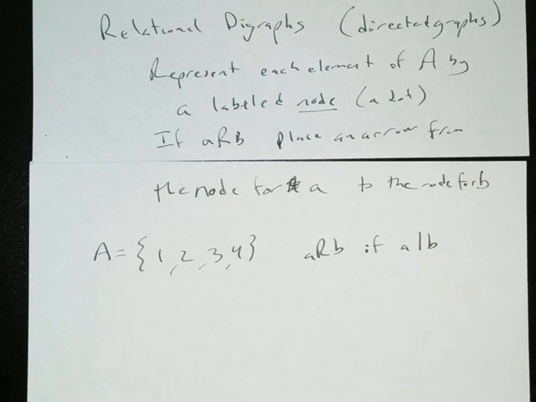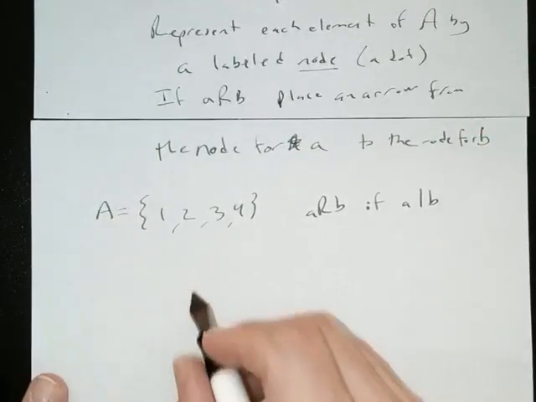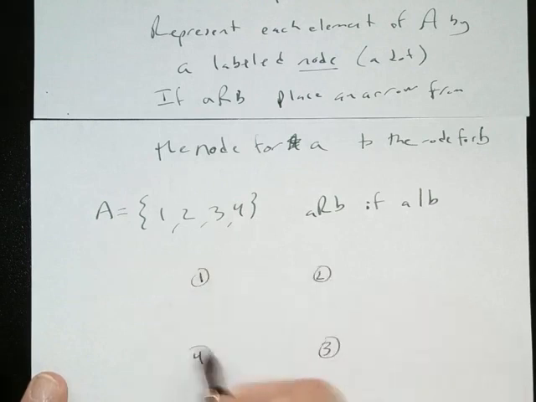I'm going to draw a digraph. So what I need is a node for each of these numbers. You can put these nodes anywhere you want. I'm just going to make a square. Those are my nodes. They're labeled so I know which node represents which dot. You could color code them. You could make them the actual physical letters. You don't even need the little circles.